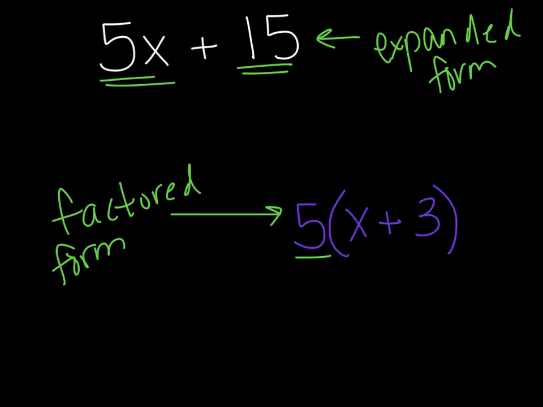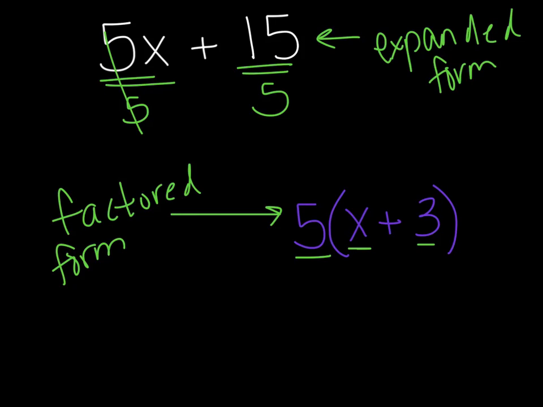So I could just kind of make this notation here. 5x divided by 5 gives me x. And 15 divided by 5 would give us 3. And since we divided both parts by 5, we can pull that 5 onto the outside of our parentheses and group together x number of blocks in a bag and the 3 extra ones we can see on the outside. Don't stress too much about that.